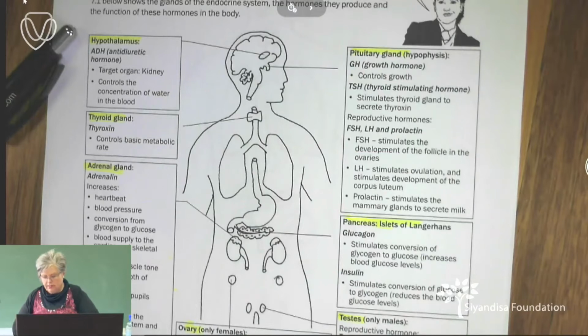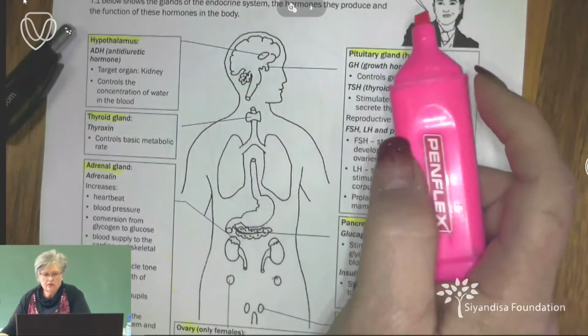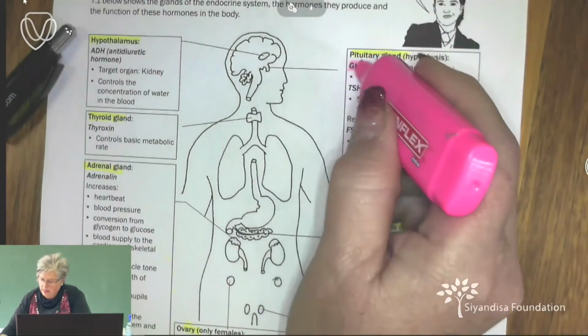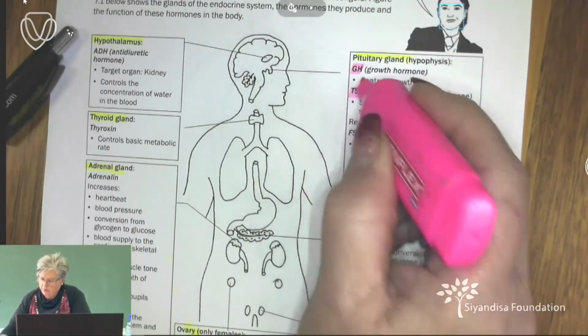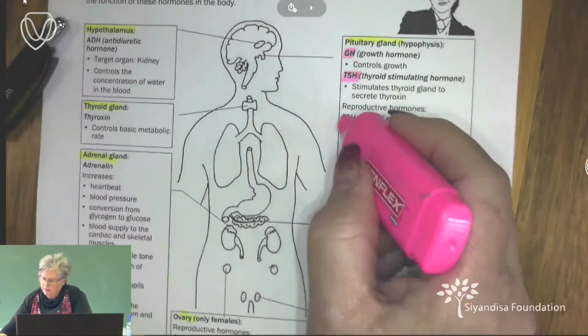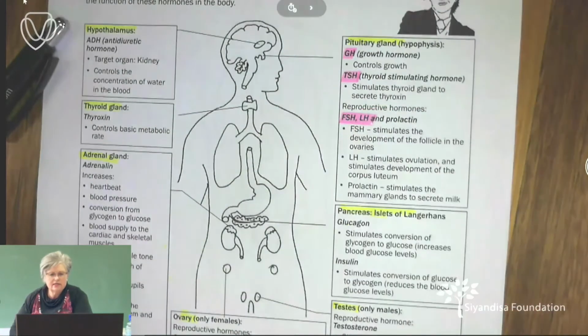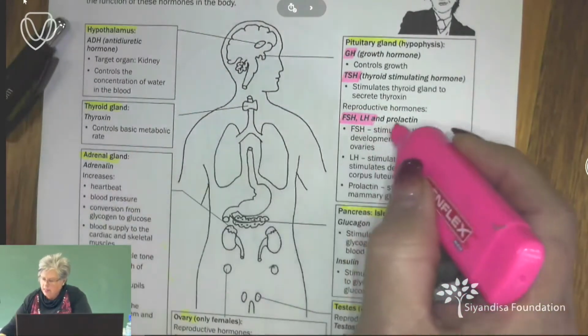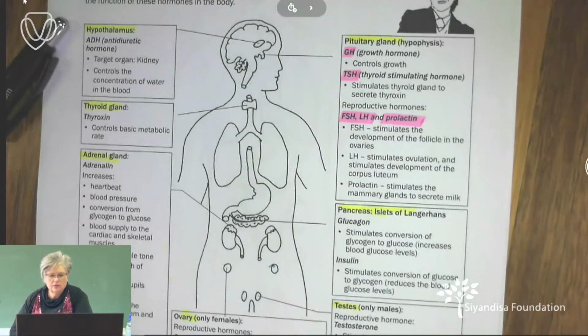The pituitary gland secretes the growth hormone, and it secretes TSH, thyroid stimulating hormone, and it stimulates FSH and LH, which we have already learned, and prolactin is a new one.